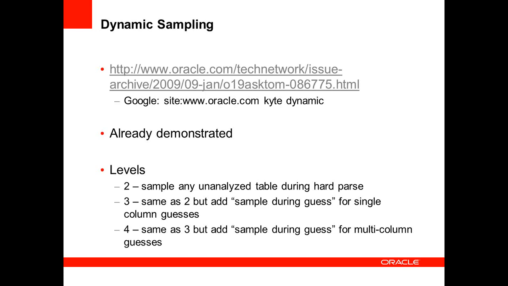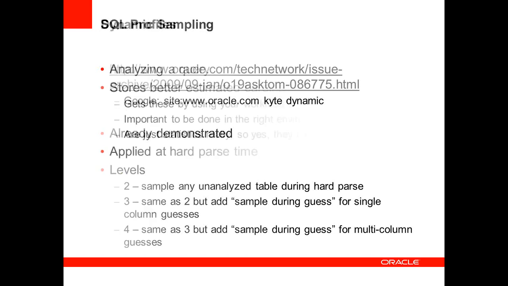And when it's set to level 11, those dynamic samples can not only be used for the query that's being parsed currently, but we can use that information across queries for the first time. And we can also make that information persistent in the form of a SQL plan directive that we'll remember in the data dictionary so that we'll know when we need to dynamically sample query by query. And basically the database will organize those facts for us.